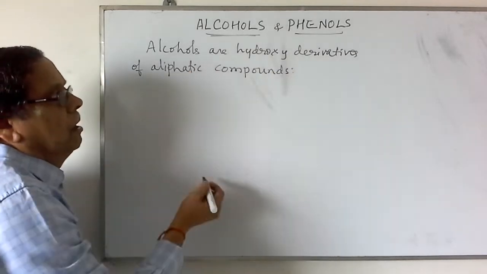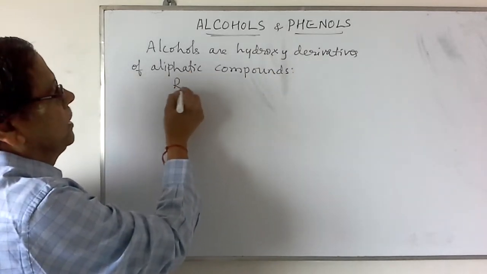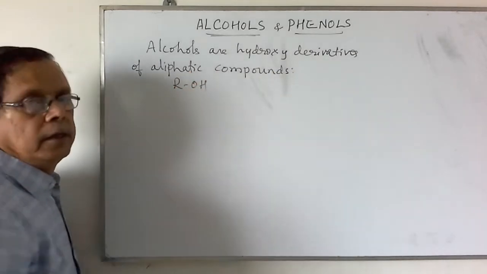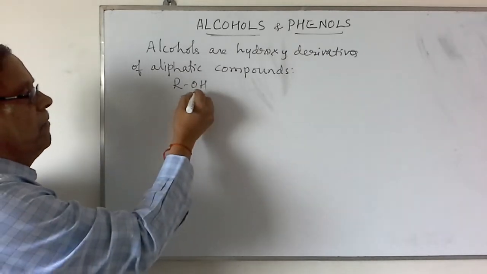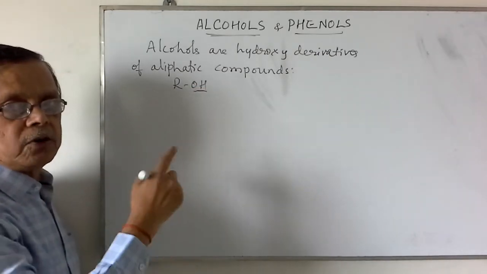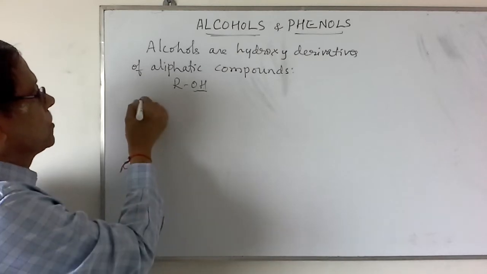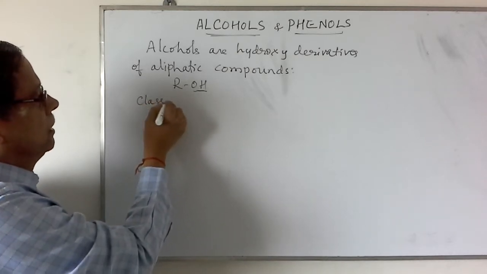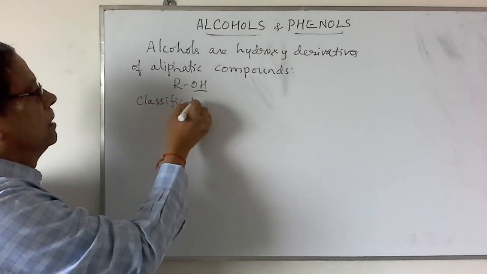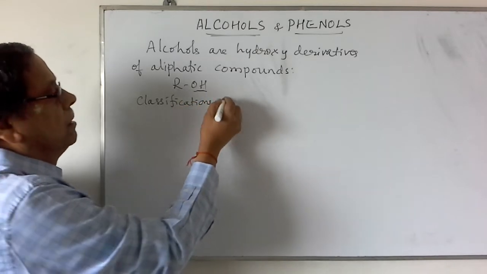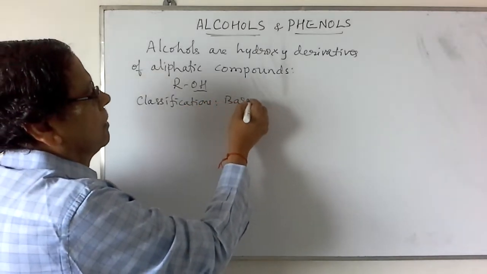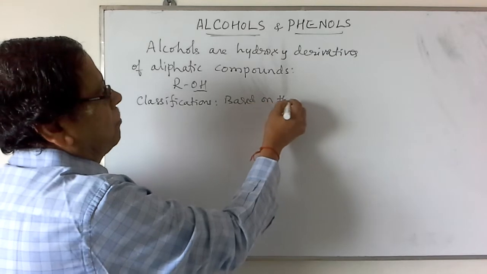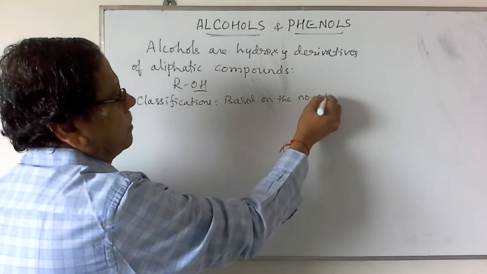Now these alcohols, the main functional group is actually the OH group. So depending on the number of OH groups, these alcohols are classified. So we will consider this classification of alcohols as based on the number of OH groups.